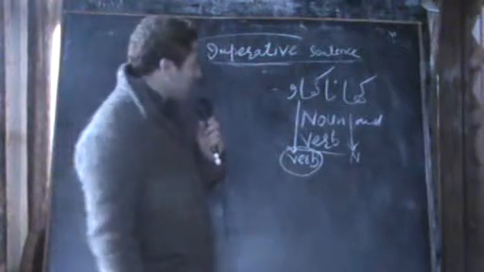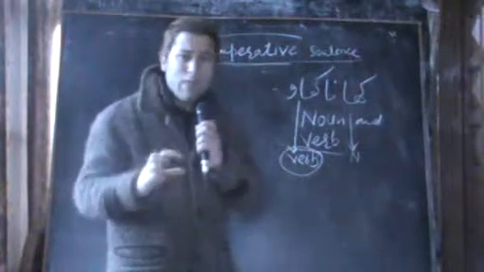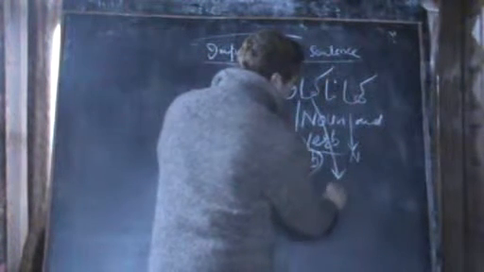Let me write here noun, and here verb. When you translate, in Urdu we start with the noun, that is food, but in English we first have to translate the verb, by which you produce the order.